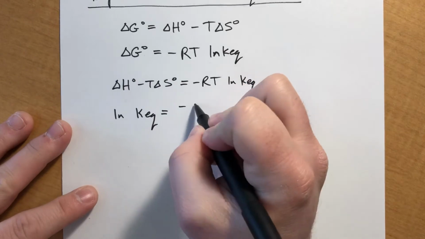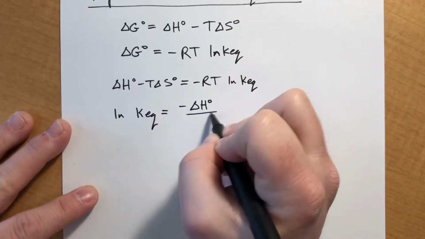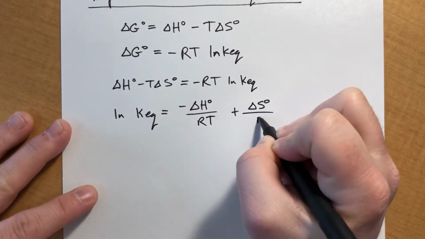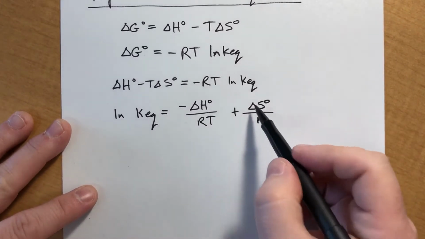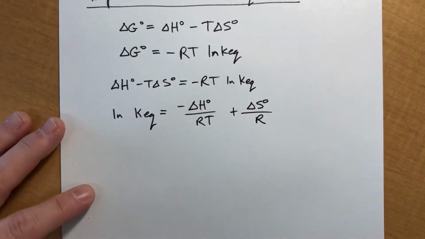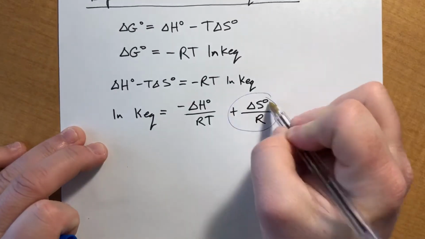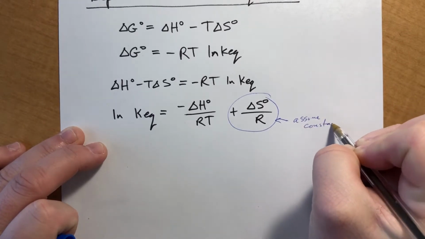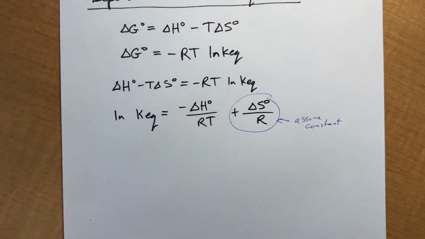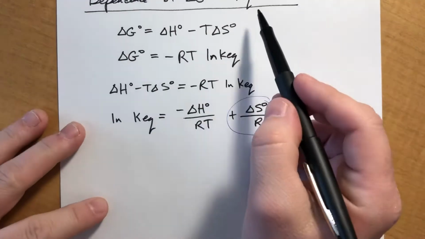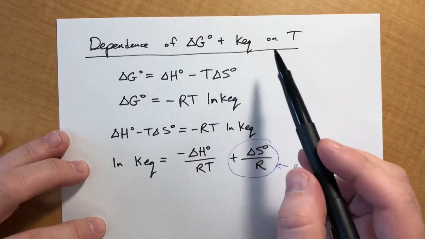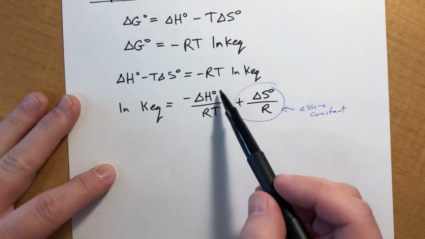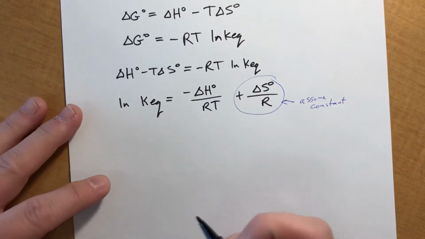This comes out to negative delta H divided by RT plus delta S divided by R. Because the temperature canceled out, we can basically assume this is a constant. And in terms of relating Keq to temperature, we can plot natural log of Keq versus 1 over temperature, because temperature's on the bottom here.